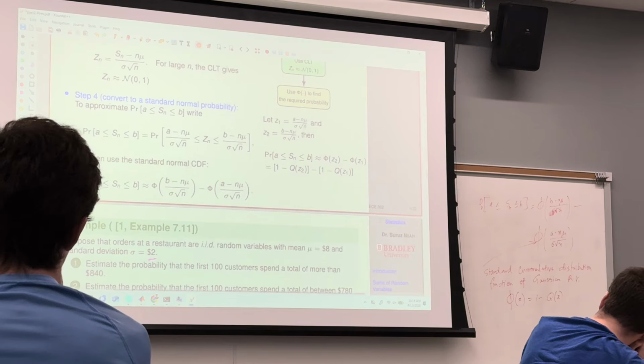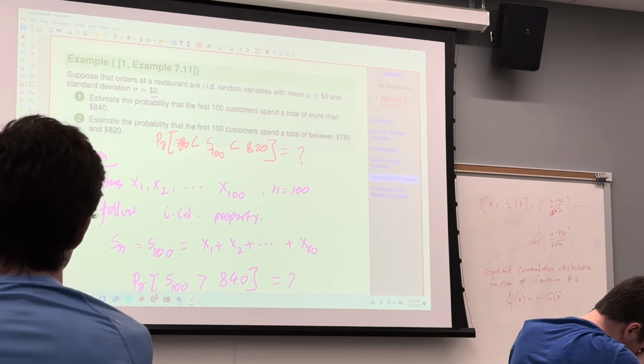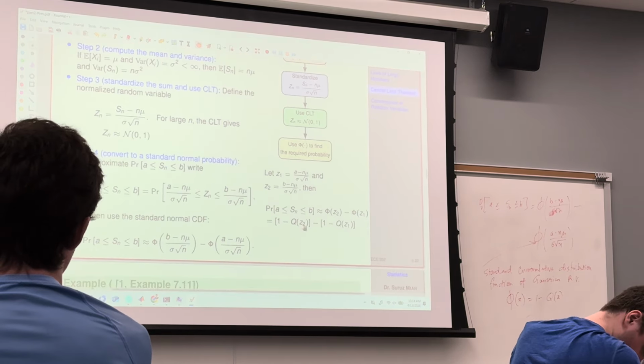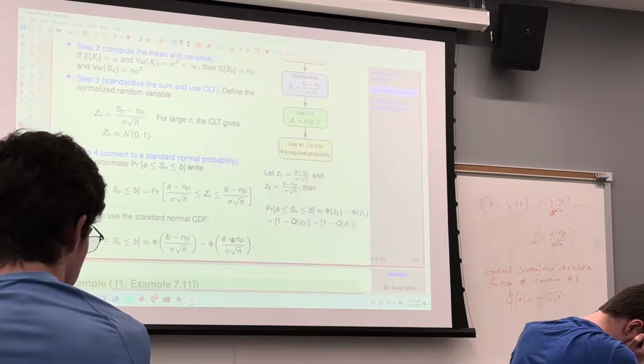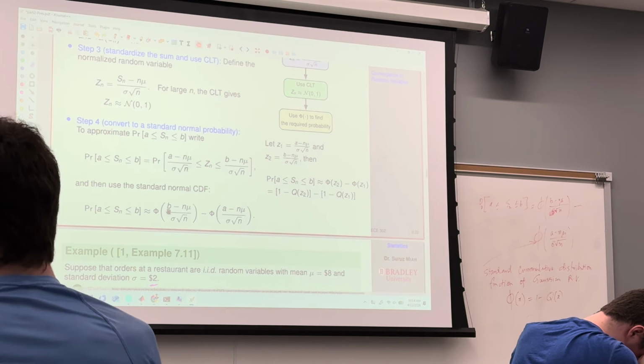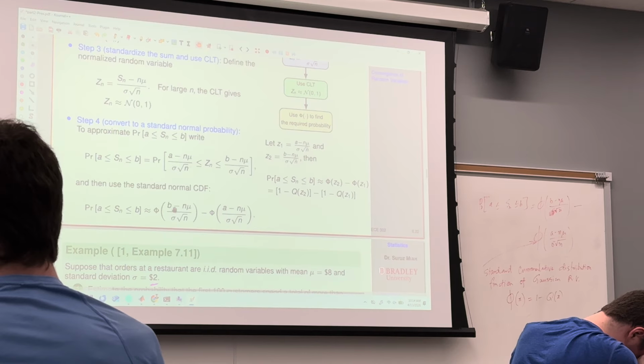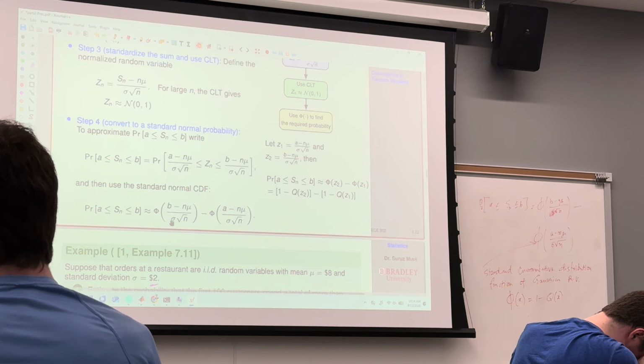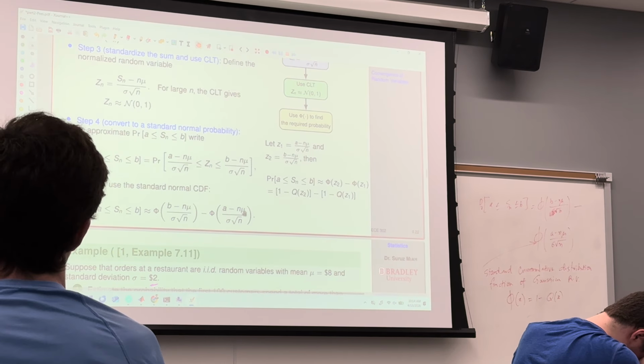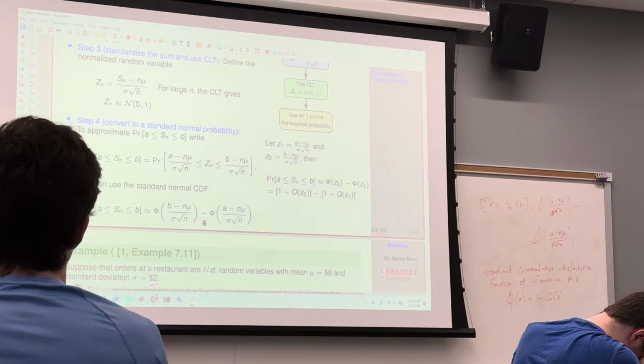So it is basically this formula. Can you write it down, guys? Phi of (B minus n mu) over (sigma square root of n), minus phi of (A minus n mu) over (sigma square root of n). We will straight use this formula.